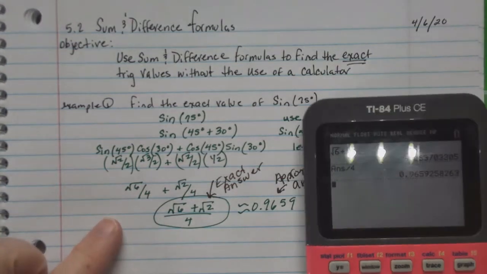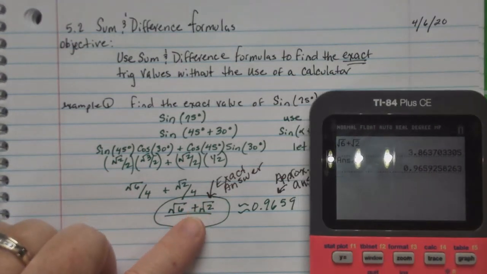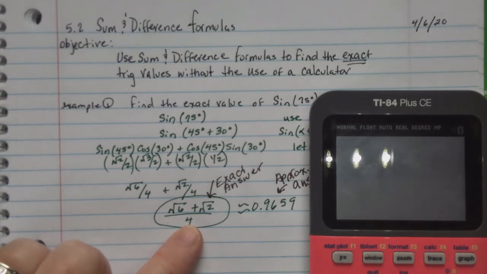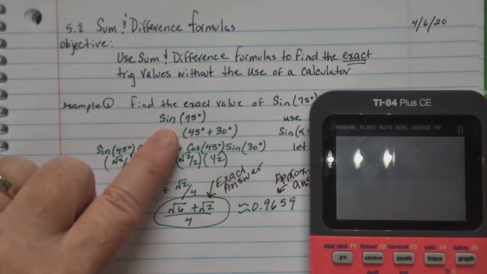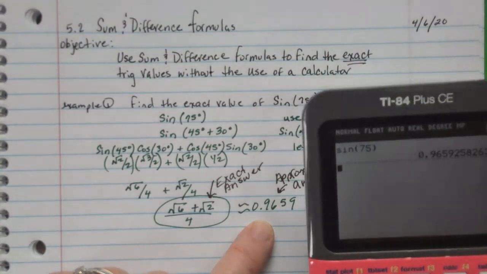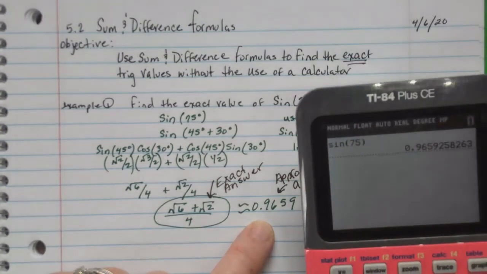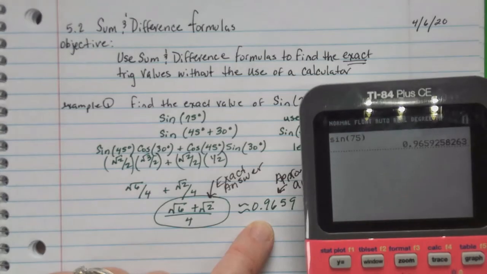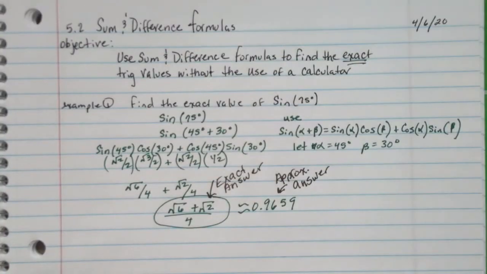So we found out what this is approximately. Now let's see if that's correct if we just straightforward do the problem, sine of 75 degrees. Well, lo and behold, it's one and the same. It's hard to see it, got a lot of glare going on, but one and the same. So we're good. Now we have a way to check our answer.